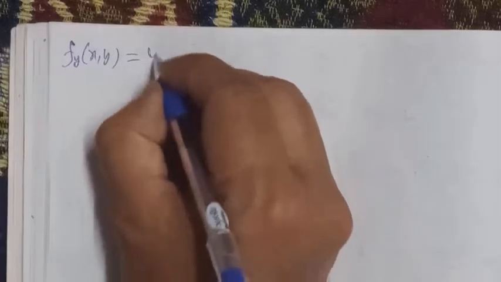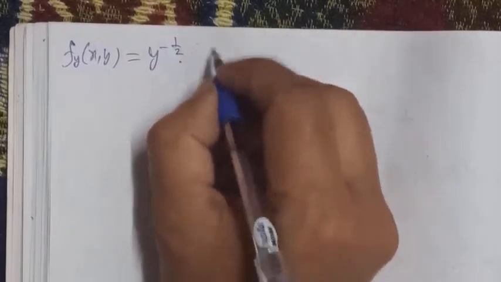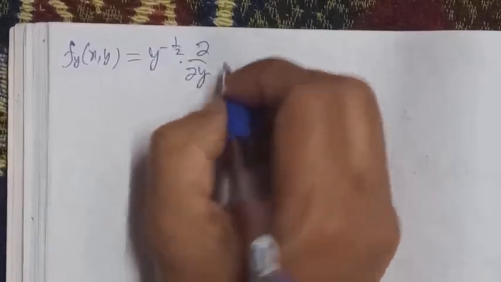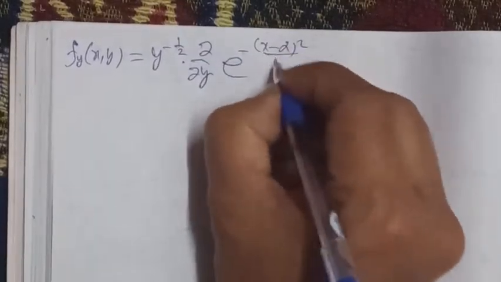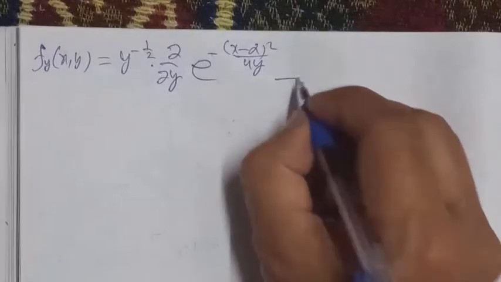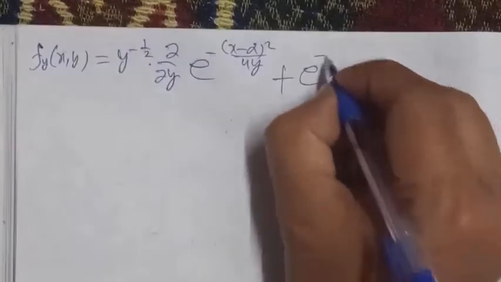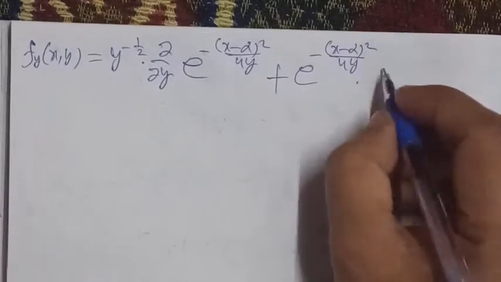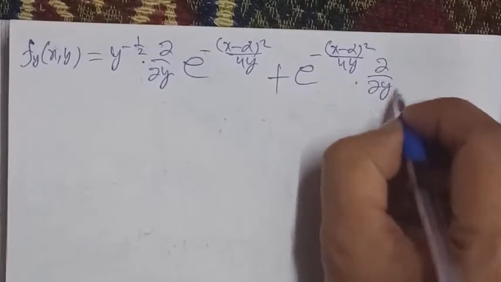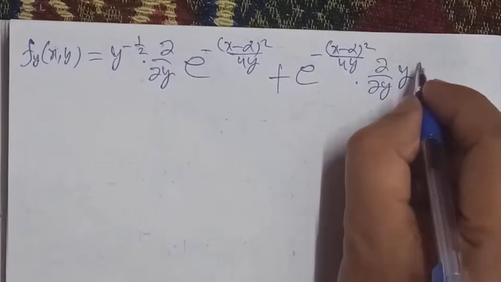We find the value: f_y(x,y) is equal to first function as it is, differentiation of second function with respect to y, e to the power minus (x minus alpha) whole square upon 4y, plus second function as it is, (x minus alpha) whole square upon 4y, differentiated with respect to y.